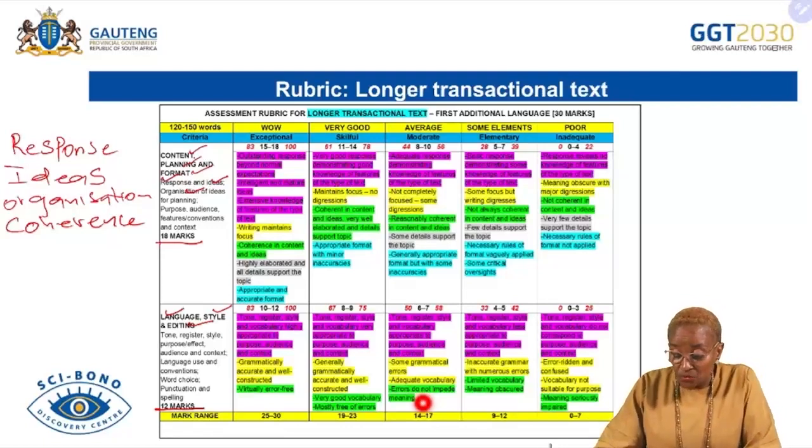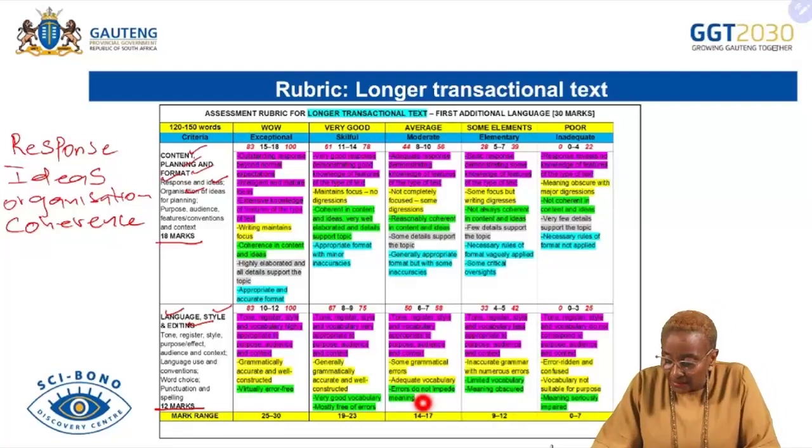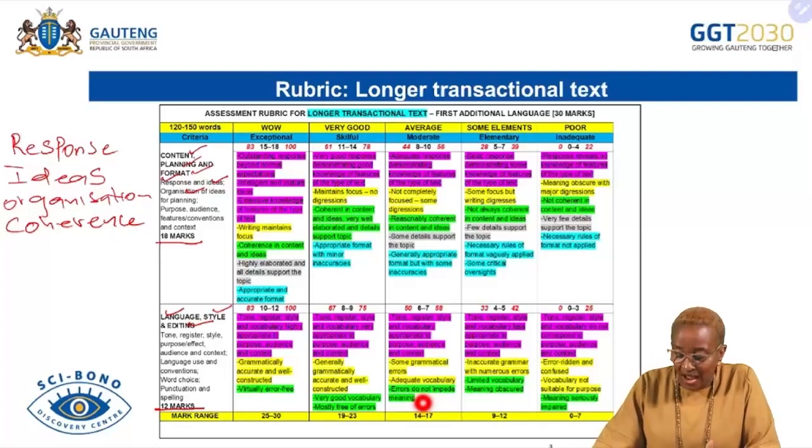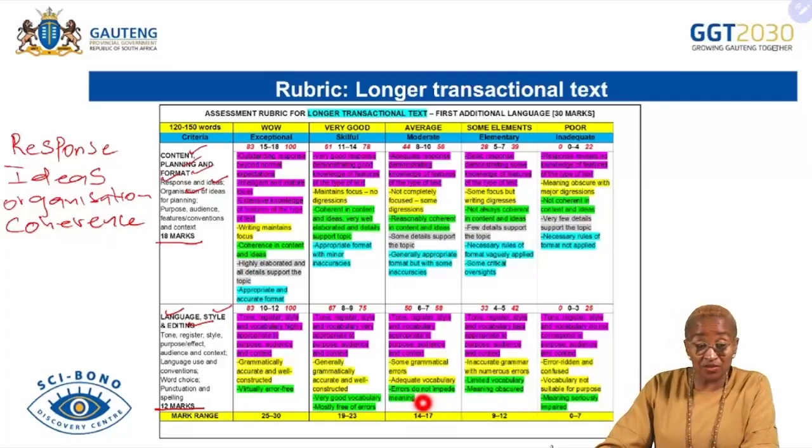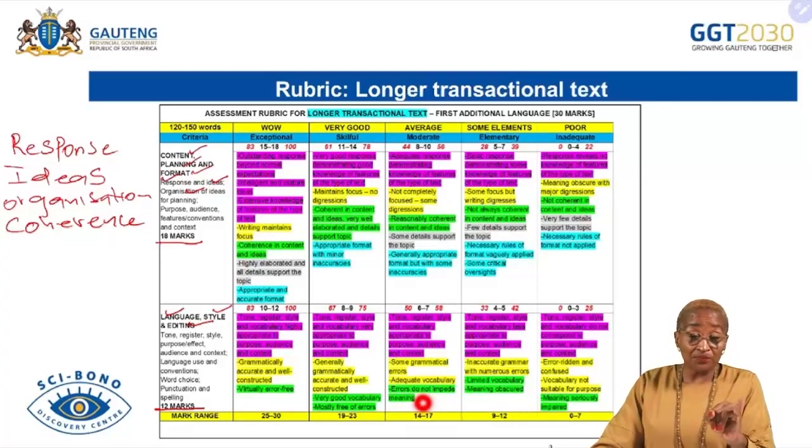And that would enable us to talk of well-developed ideas. So it is important that you take note of those 3 aspects. Your response to the brief, the ideas, are they relevant to the brief? And are your ideas well organized? Are they well presented?